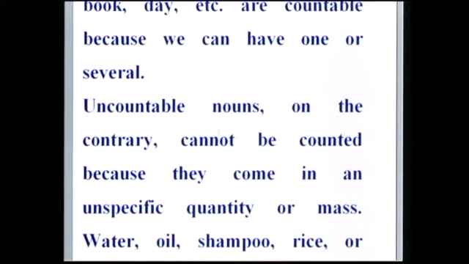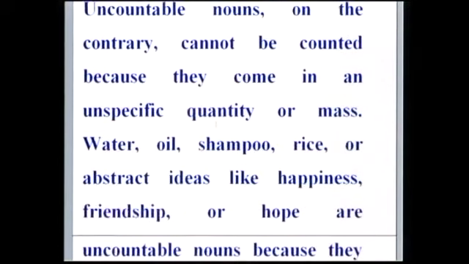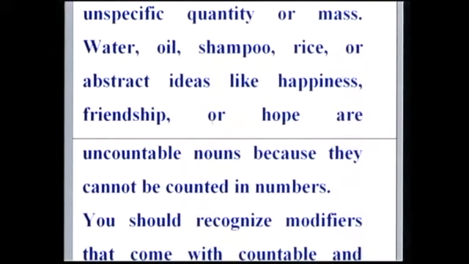Water, oil, shampoo, rice, or abstract ideas like happiness, الأفكار المجردة زي happiness, friendship, or hope are uncountable nouns. دي ما بتتعدش. ليه؟ Because you cannot count them in numbers ولا ممكن أحط لهم S.